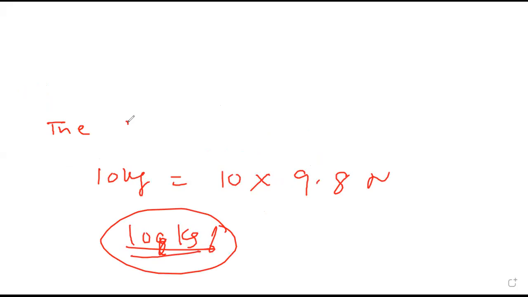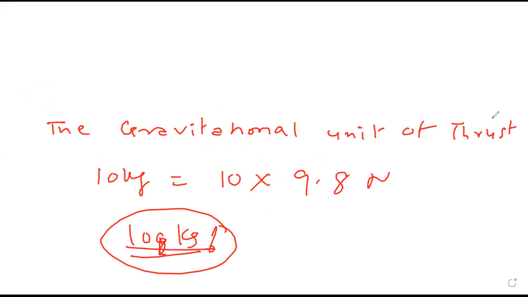So write the gravitational unit of thrust. Gravitational unit means in mass, remember this. Thrust in MKS system is kgf.